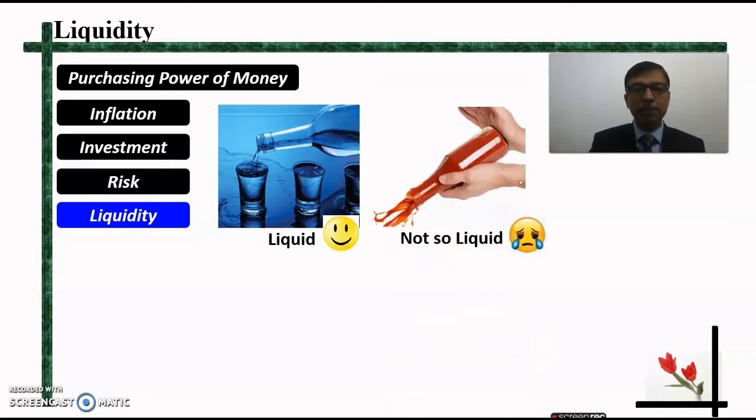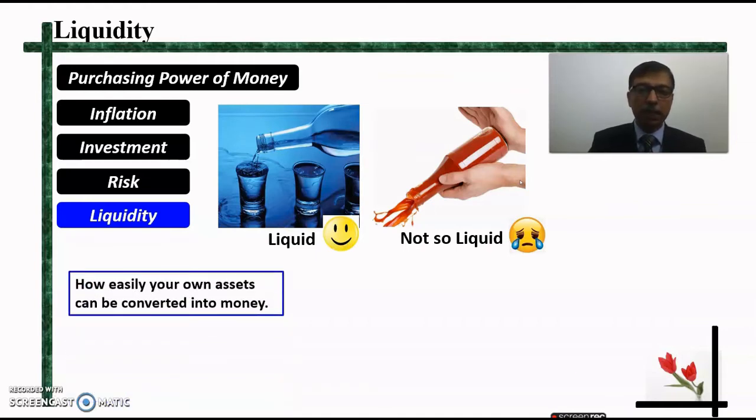But try doing the same thing with a bottle of sauce. Though the entire bottle of sauce may belong to you, you will not be able to take out everything from that. And even if you try to take it out, it will not be very easy. And that explains liquidity.